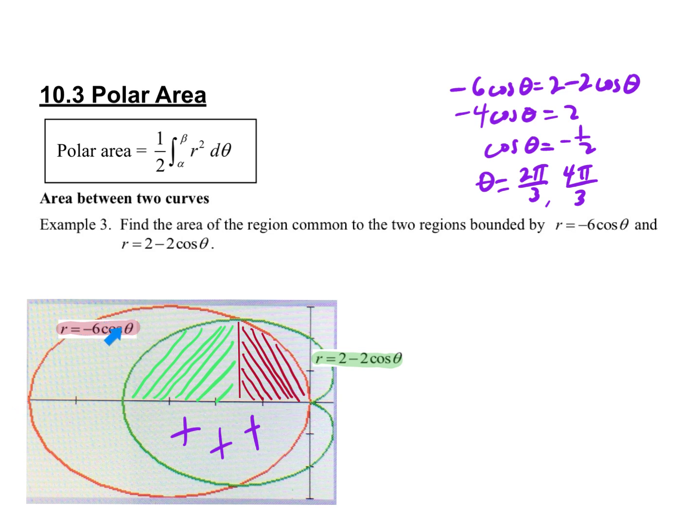When is r equal to 0? What is theta equal to when r equals 0? Pi over 2. So my pi over 2 here is how I get my r to be 0. So that's actually my starting angle. So I go from pi over 2 to 2 pi over 3.